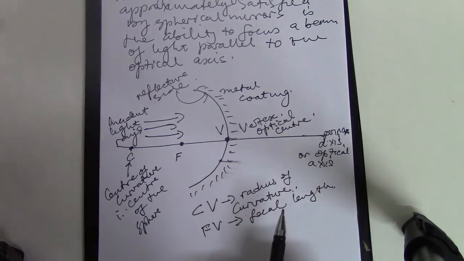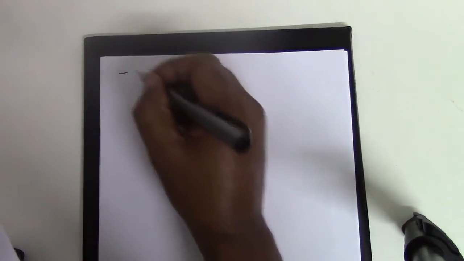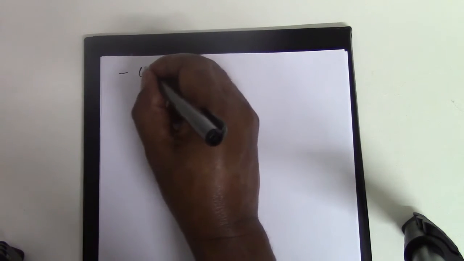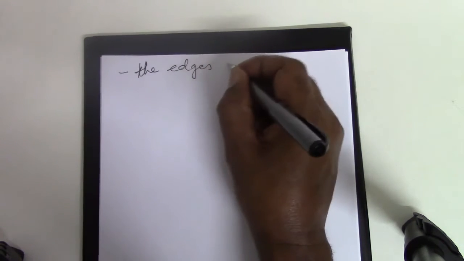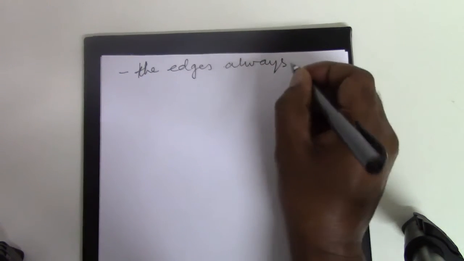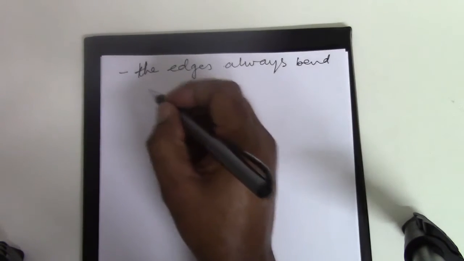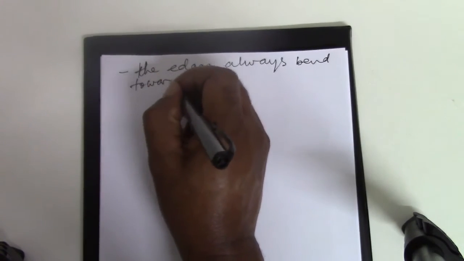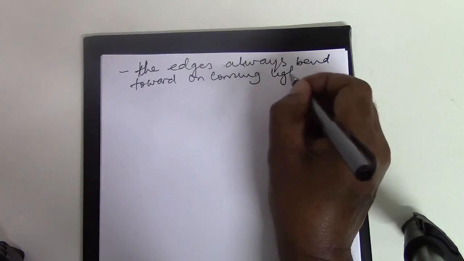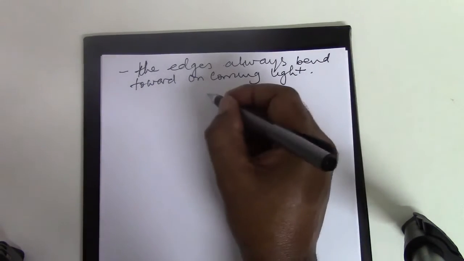Right. Now check. We say for this concave mirror, the edges always bend toward oncoming light.